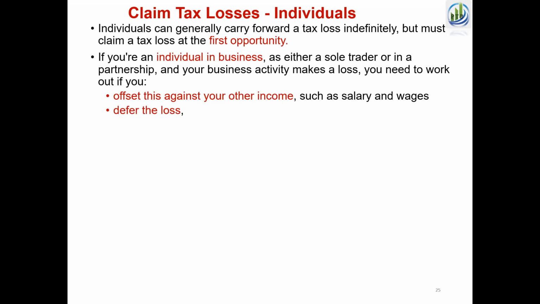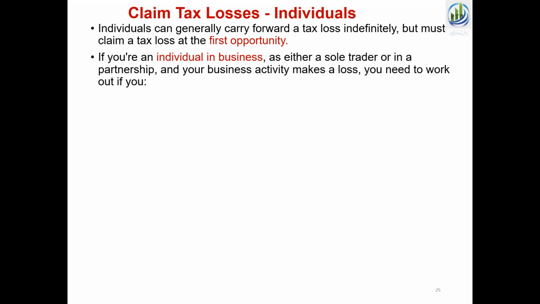Whenever he makes income from that bookkeeping business, he can offset it. So you have two options. If you are a sole trader or a partnership and you make a loss, one, you can do the test. There are some conditions. If you meet those conditions, you can offset against your other assessable income, salary or wages or dividends or bank interest or whatever.